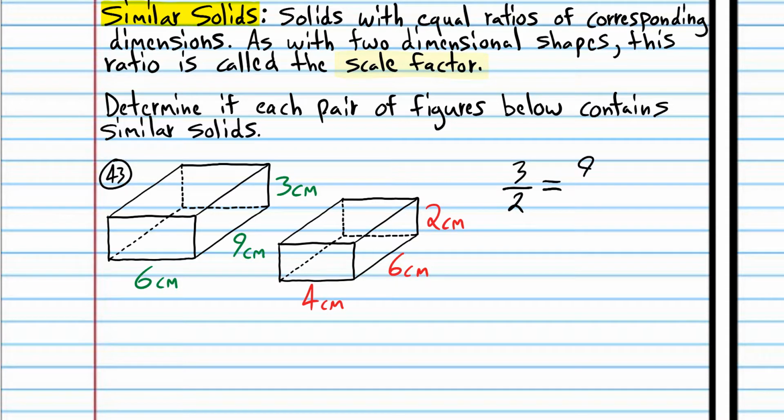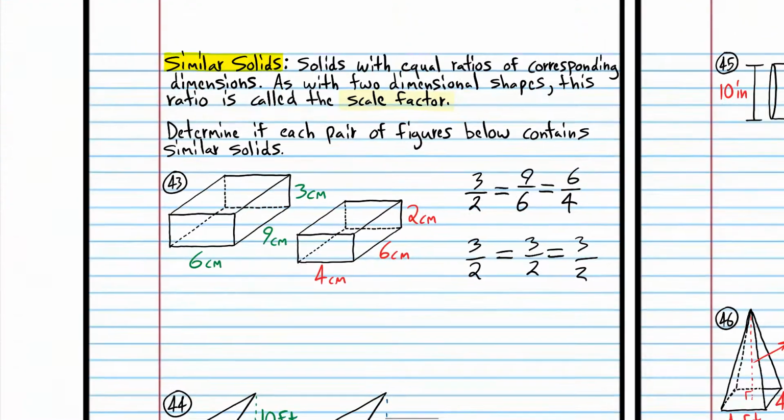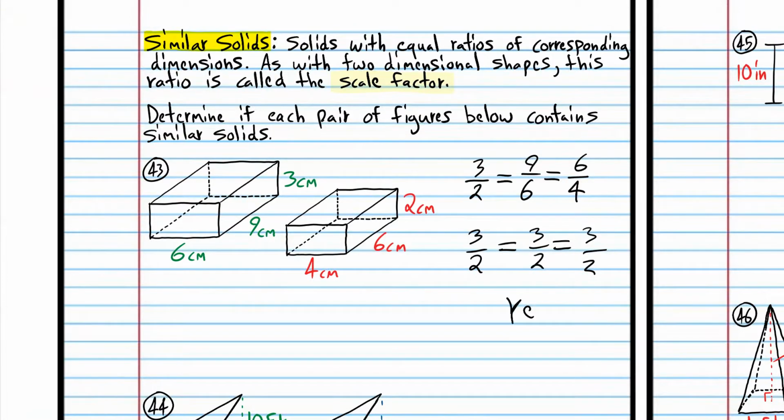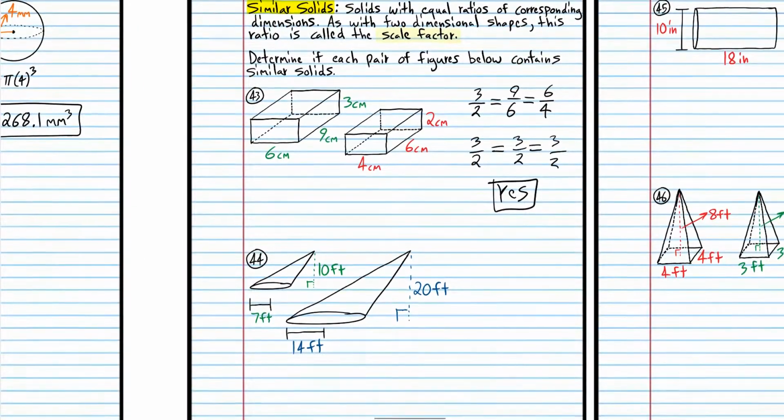Again, these have to be corresponding sides as usual. So 3/2, the big question is, does 9/6 reduce to 3/2? And it does. Does 6/4 reduce to 3/2? Yes, it does. So those ratios are all equal. So we can say, yes, they are similar solids.